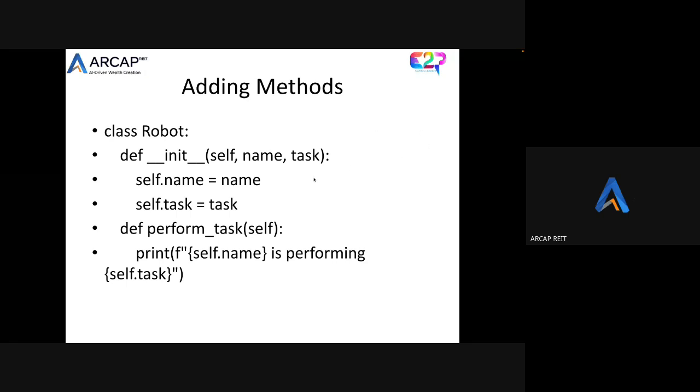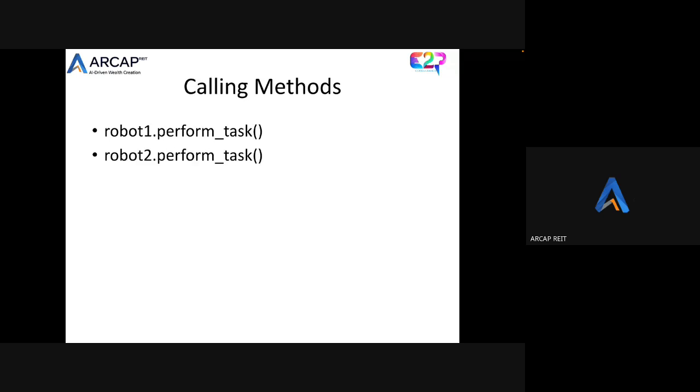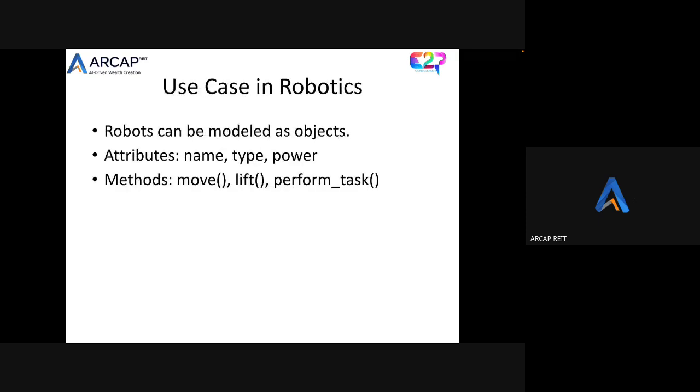So along with the attributes, we are also writing perform underscore task as a method. That's how we write it, and we call that method just like we call attributes. So robots can be modeled as objects, and we can use anything.